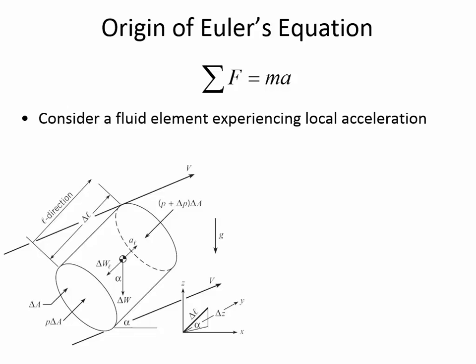What you can see is that there's a cylinder of water, and on one side the pressure is P plus delta P. On the other side it is P. So there's going to be a change in pressure that Euler's equation is going to try to explain. The reason for that change in pressure is going to be acceleration in the L direction.